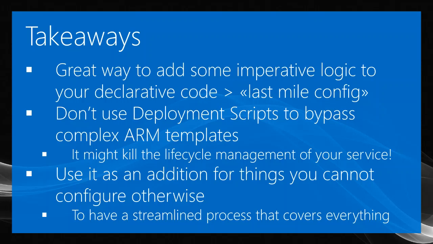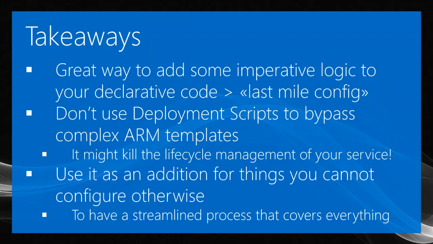So some key takeaways. I think it's a really cool way to add some imperative logic to your declarative code. As we mentioned, for this last mile configuration, but make sure that you don't use deployment scripts to somehow become faster. So it's not the goal that you can skip developing complex ARM templates and now just do everything with deployment scripts.